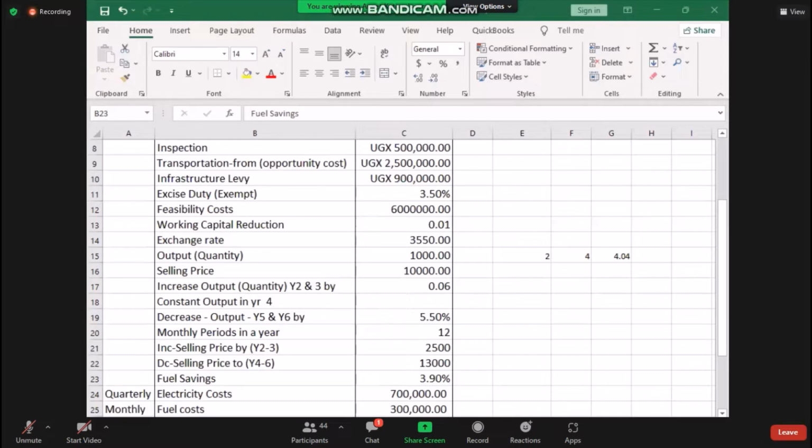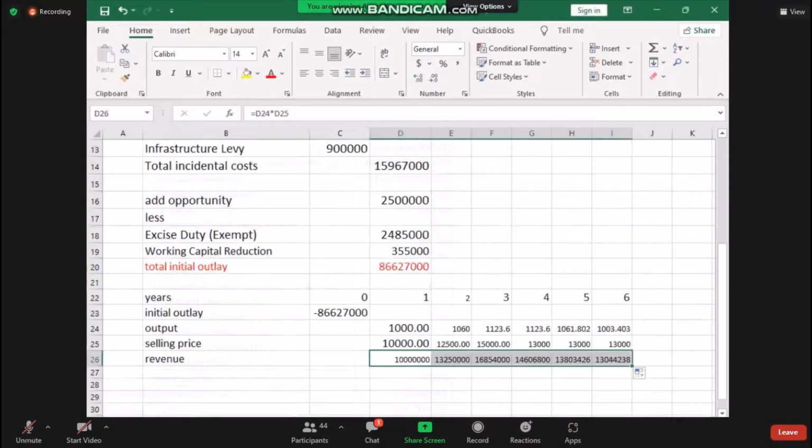You correct that. The fuel saving is expected to be at 3.9% of the fuel cost. Now, if you have a saving, like the way we are having this fuel saving, it is going to increase on the revenue that we have.